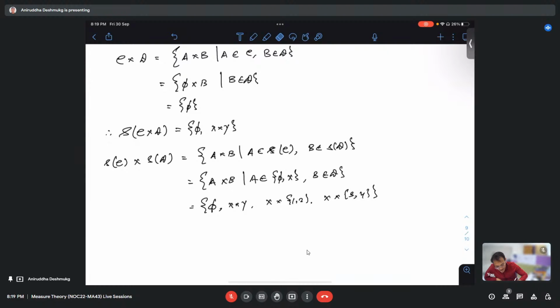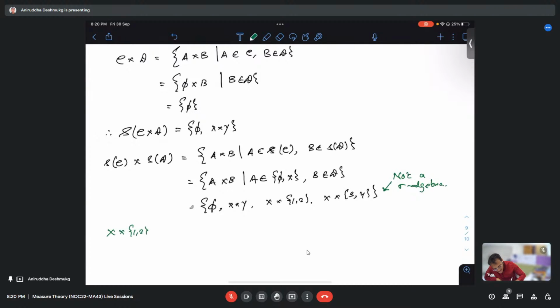Now the thing is, just notice that this is not a sigma algebra in general. In fact, one can see it very clearly. So let us check the complement of X cross {1, 2}. Let us try to write it.